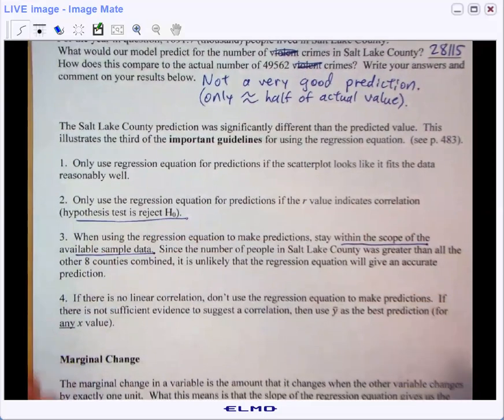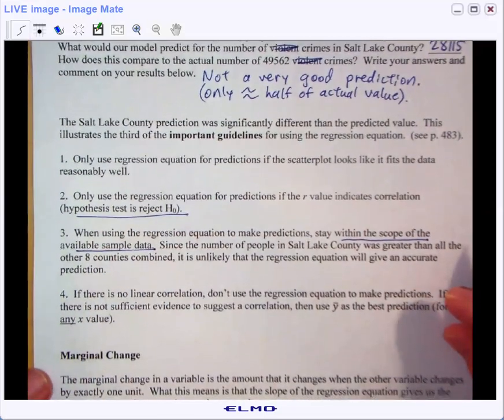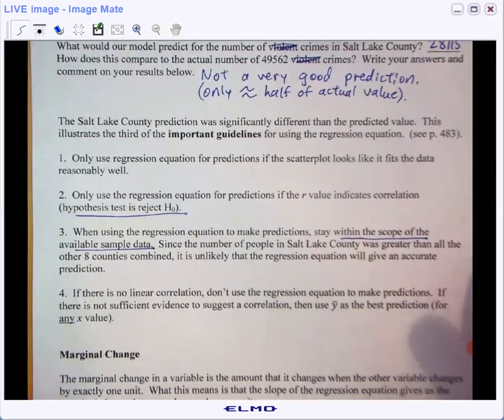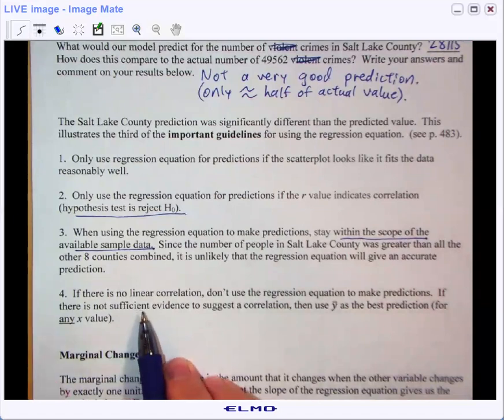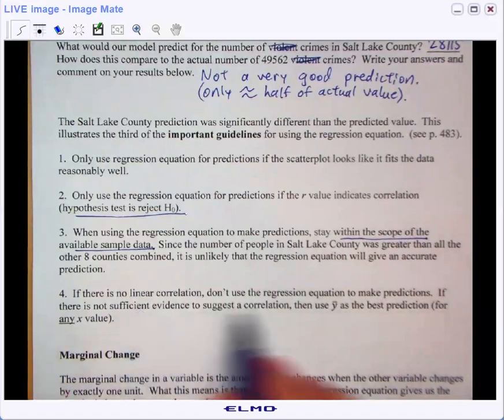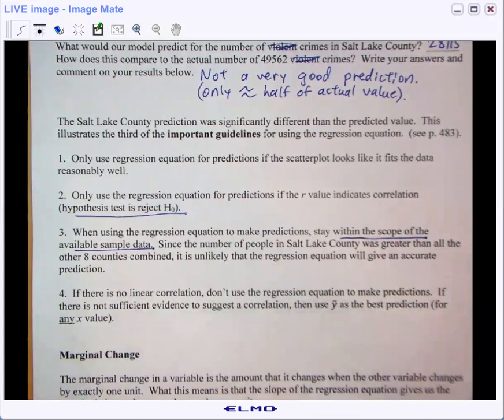So if your sample data only includes small and medium counties, don't try to use that to make predictions for large counties. And finally, if there is no correlation, then don't use the regression equation to make any predictions. Your single best guess if there's no correlation is just to find y bar as your best predictor for any value of x.